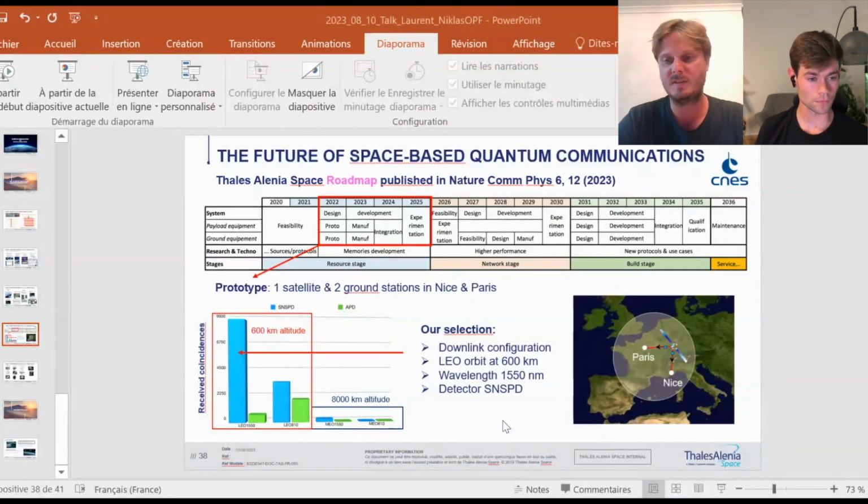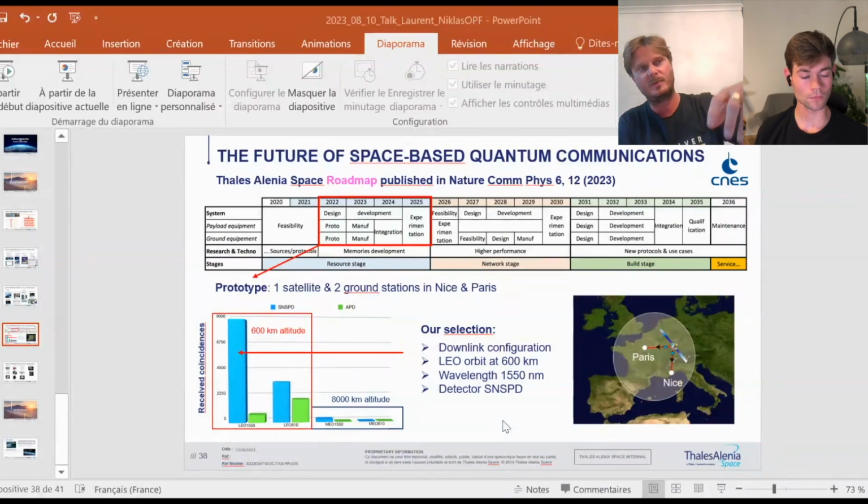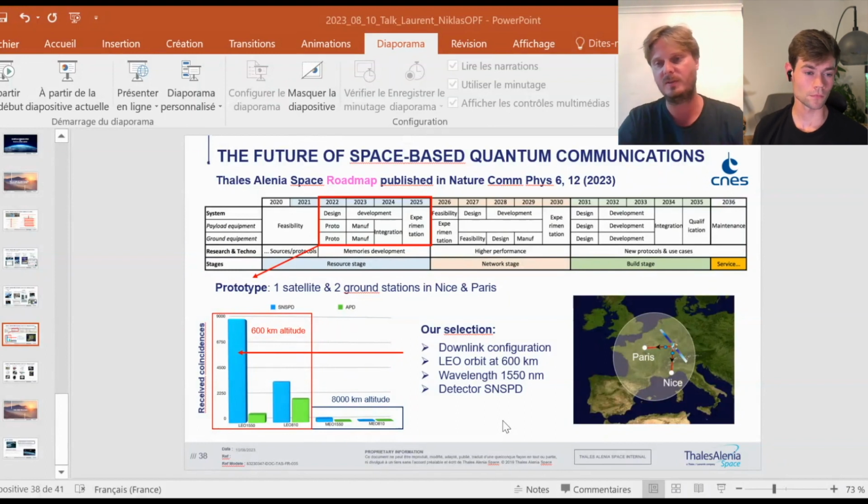If you have an adaptive optics system, then you can compensate with a deformable mirror in real time. This is easier to do in a downlink configuration, because you receive light from the satellite that is used to analyze the wavefront and compensate these errors by using a deformable mirror.